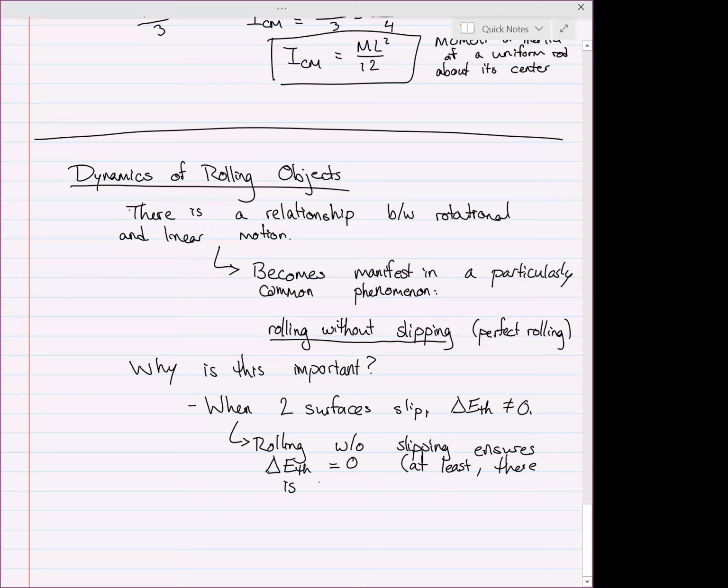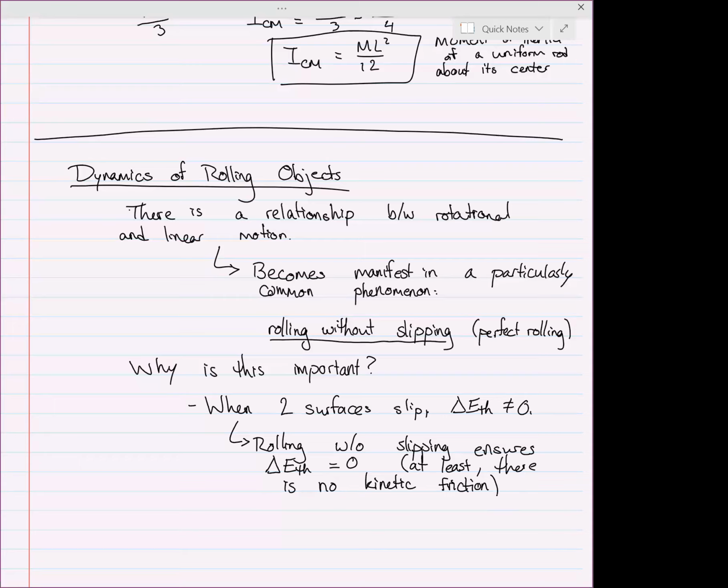What causes rolling without slipping is that the static friction between the two surfaces is large enough, but the round thing, the wheel, can rotate. And so the static friction prevents the two objects from moving relative to one another, but doesn't produce sliding. And the sliding is what causes the increase in thermal energy.